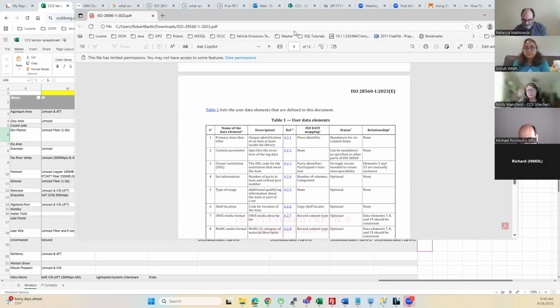And I think that's the important part, that CCS has a repository of what all the libraries are currently supporting, so that any new library adding RFID or changing RFID knows, if there is a choice, what's available.